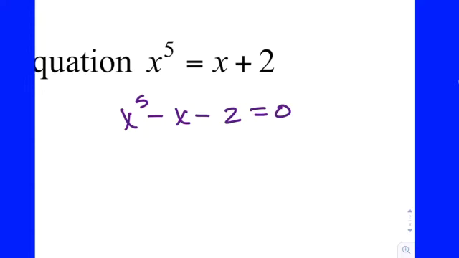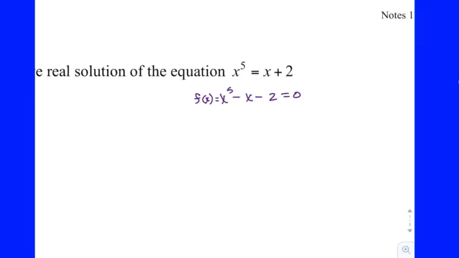So reframing the question now, showing that the top one has a solution is the same as showing that x to the 5th minus x minus 2 has a 0, has a root, okay? And if you even want to name that function f of x, you could do it like that, all right? So now I'm just trying to prove that f of x equals 0. F of x is another name for y. We're trying to prove a y value, y IVT, right? So here we go.